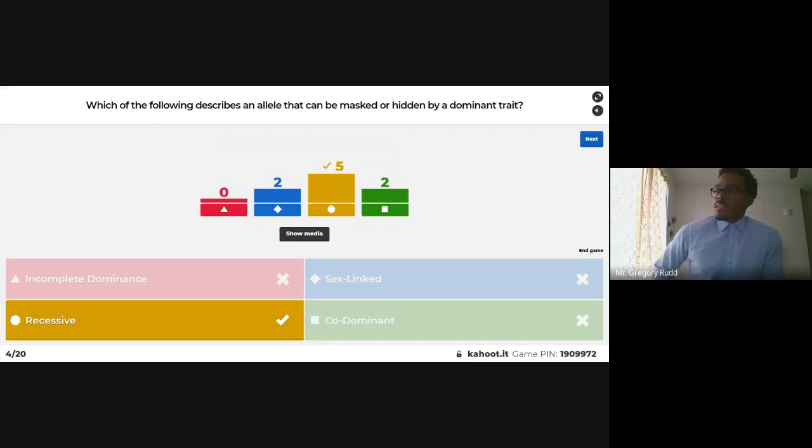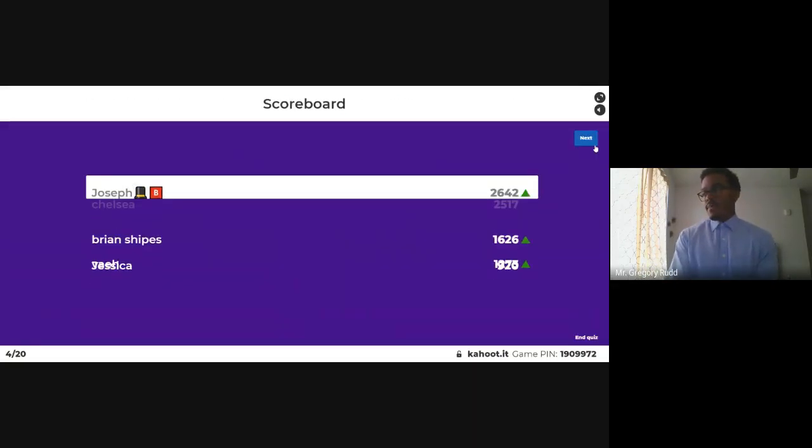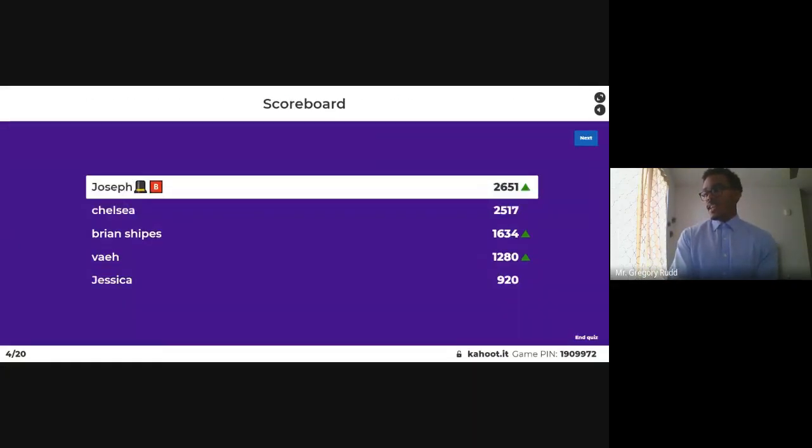Good. So if we're talking about a dominant trait hiding something else, then that something else must be recessive. Good job. Okay, Joseph, I see you've taken the lead. Brian and Nevaeh are also on their way up.